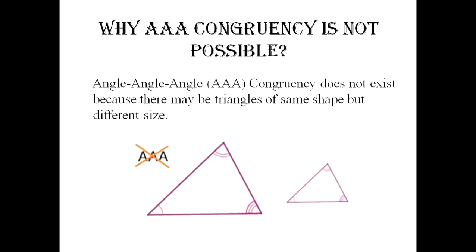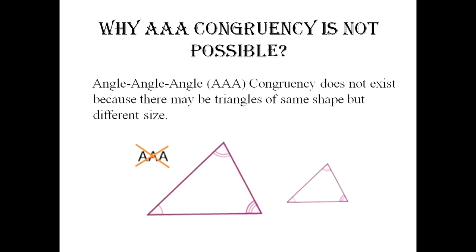But we can clearly see that the first diagram is bigger in size, whereas the second diagram is smaller in size. So they are different in size, which means that the sides of the triangles must be different. That is why AAA congruency does not exist, because in case of congruency we must have all the sides equal and all the corresponding angles equal.